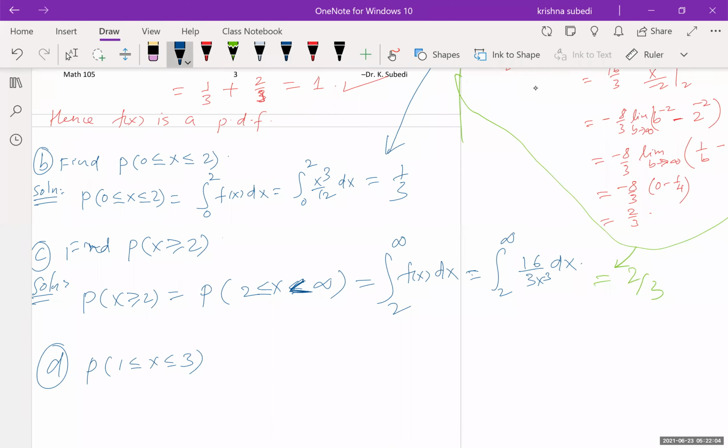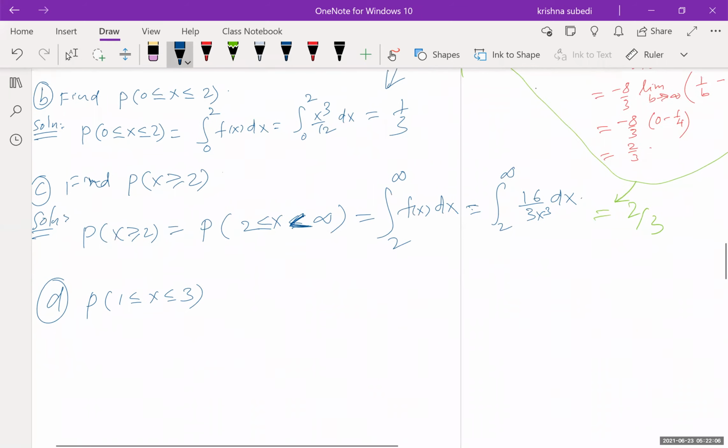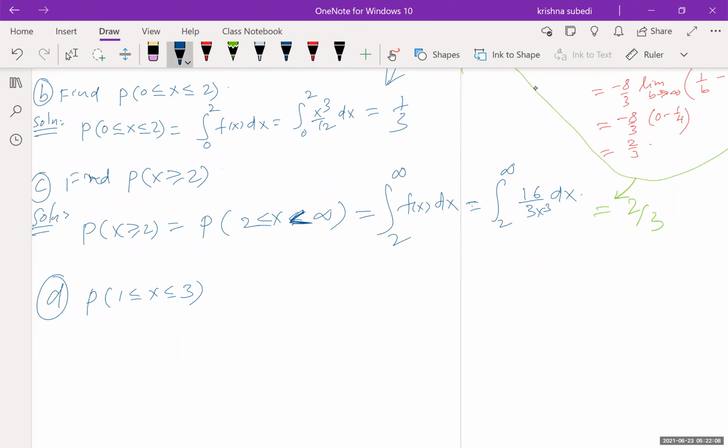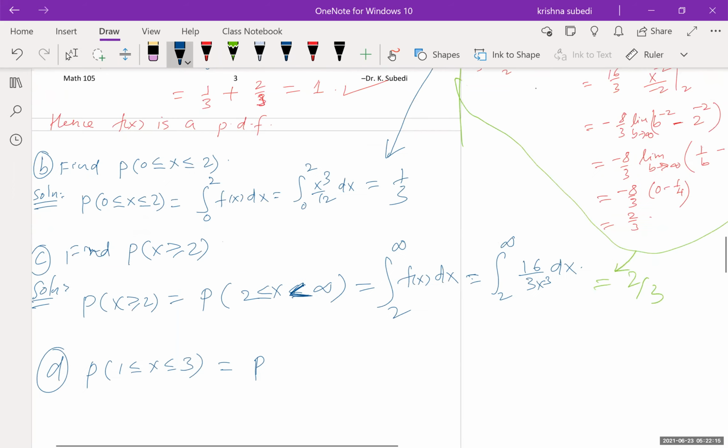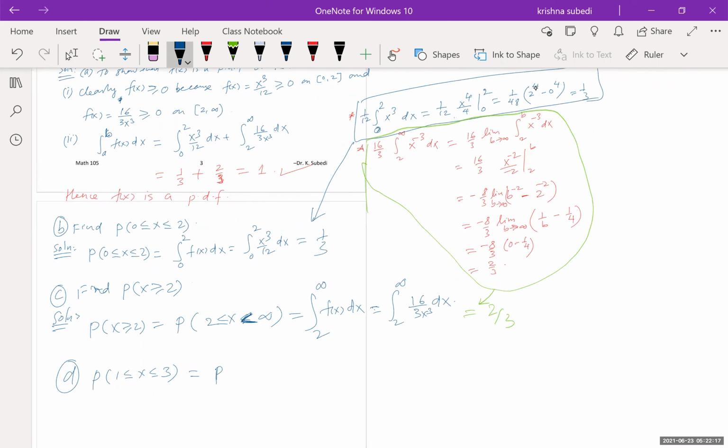I want you to calculate this on your own, okay? So what it means is, remember, there are two pieces. Going back to the question, we are looking for the area under the curve between 1 and 3.